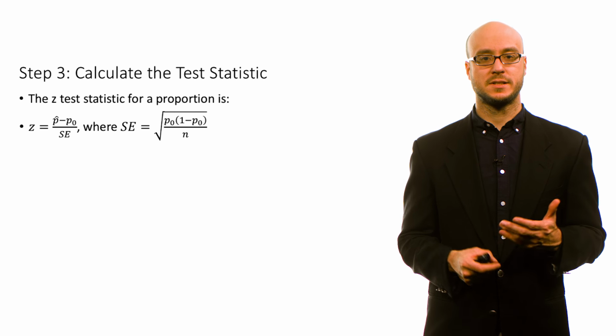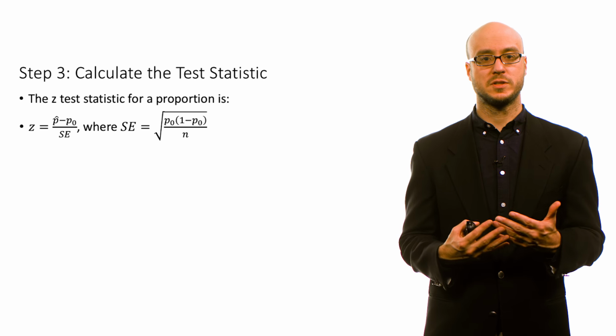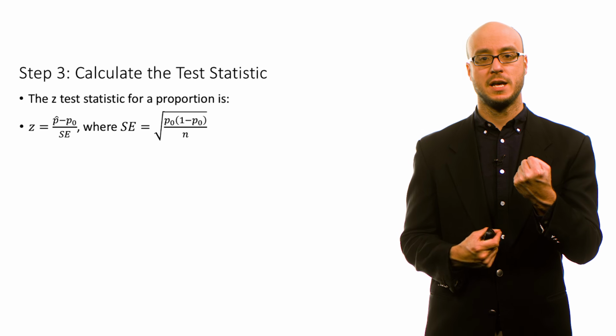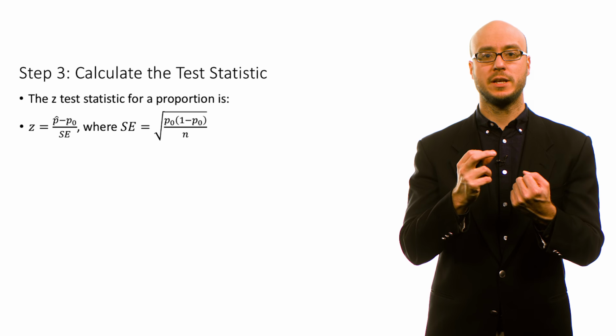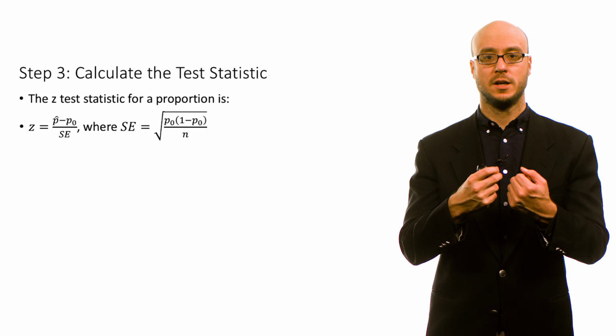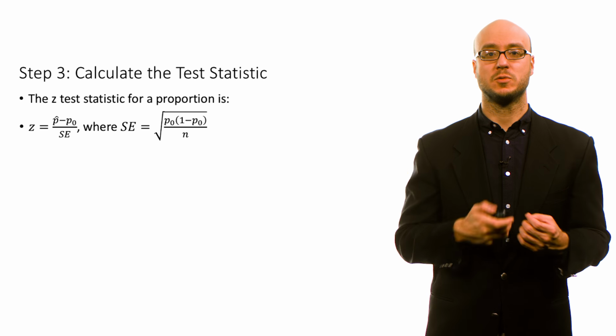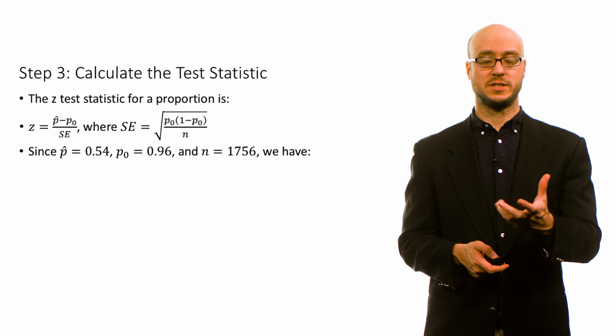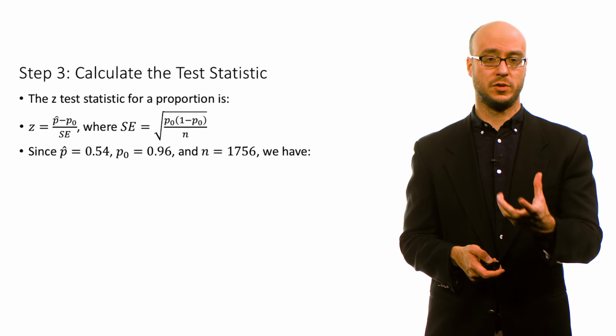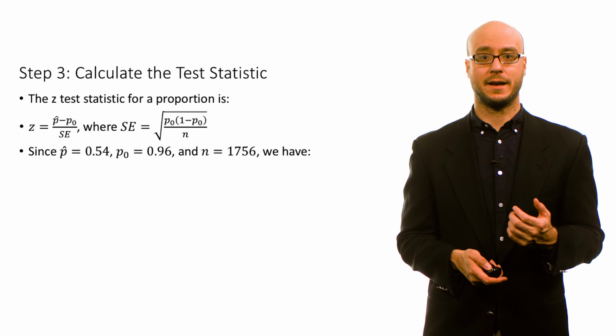The z-test statistic is this sort of standardized difference between our sample proportion and our null proportion. The idea is the more extreme that z-test statistic, the more inconsistent our data is with that null hypothesis. So p hat is 0.54. That's our sample proportion for the percentage of Americans who think economics is scientific.